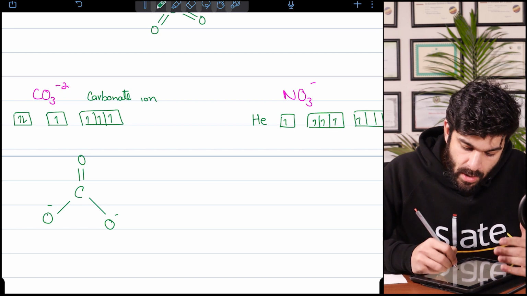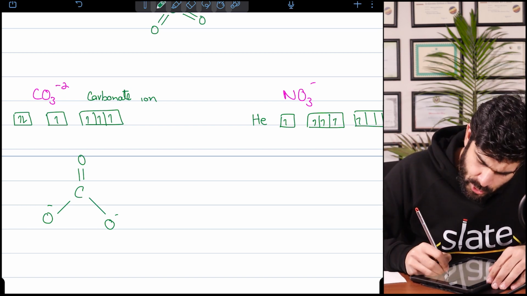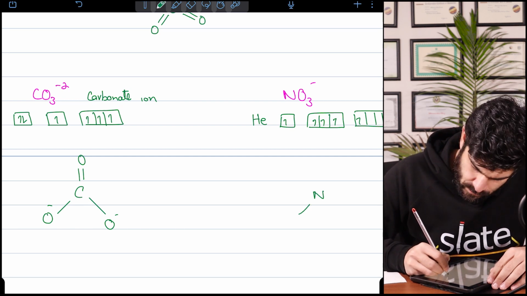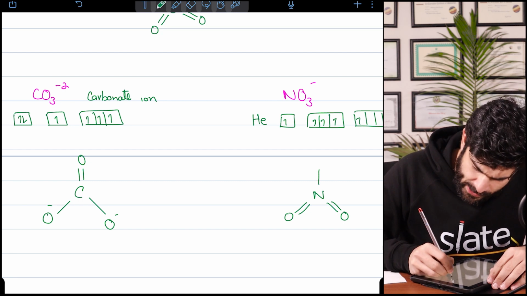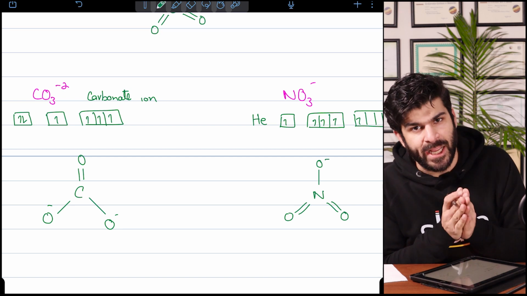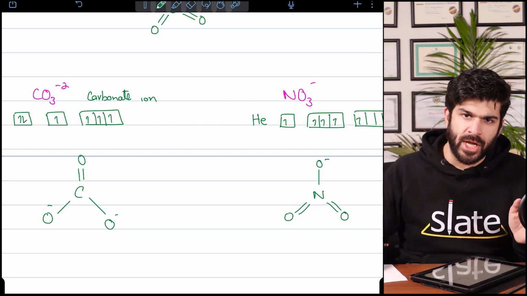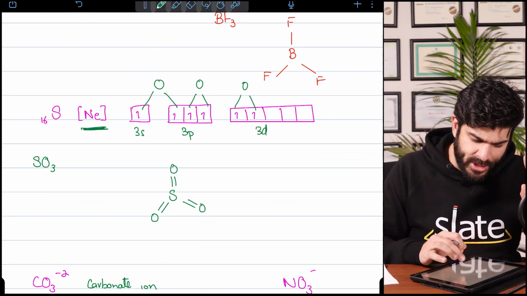Now, what happens here? Nitrogen has now a valency of 5. So N, 4 valencies are filled and 1 oxygen minus. So even the nitrate ion has a trigonal planar shape. This was AB3's first type, just AB3.